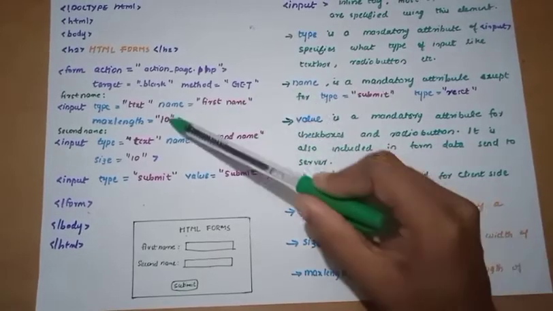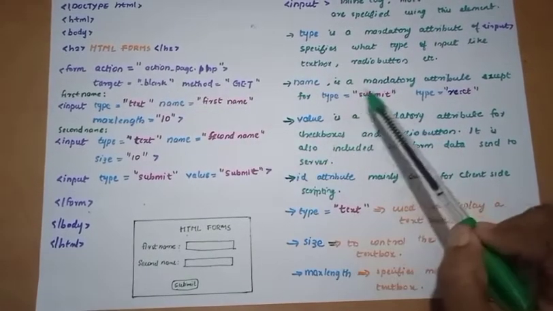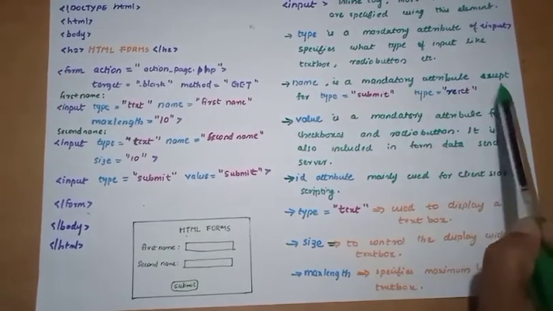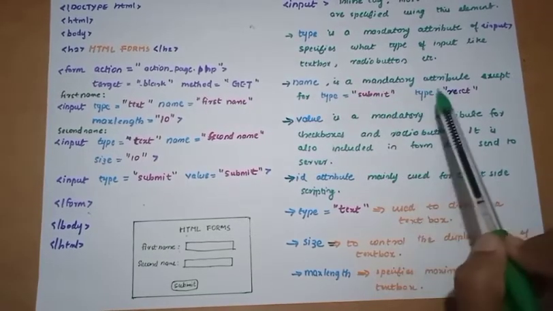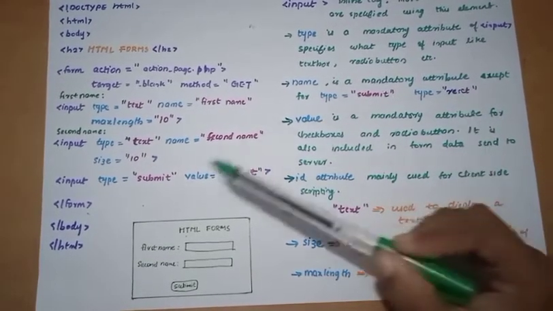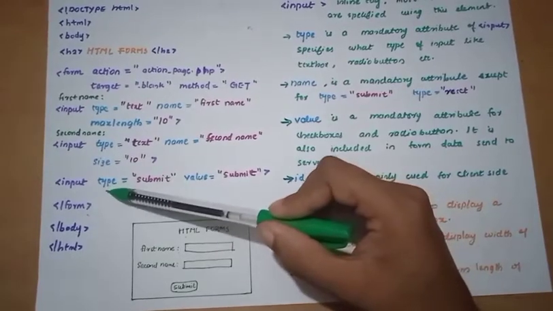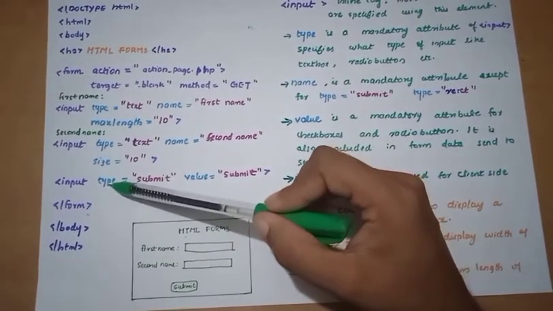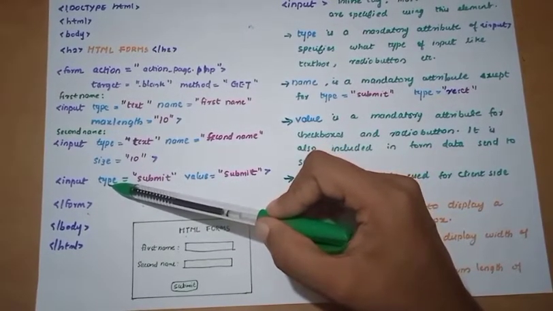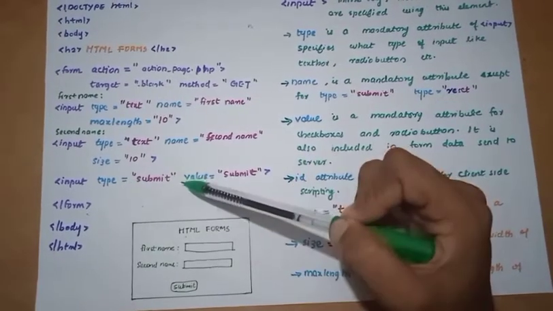Next, I used the name. Name is another mandatory attribute except for type equal to submit and type equal to reset. We have seen that for input we have the type attribute, but we haven't mentioned a name there.